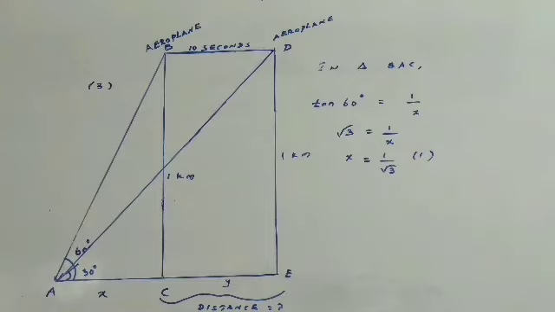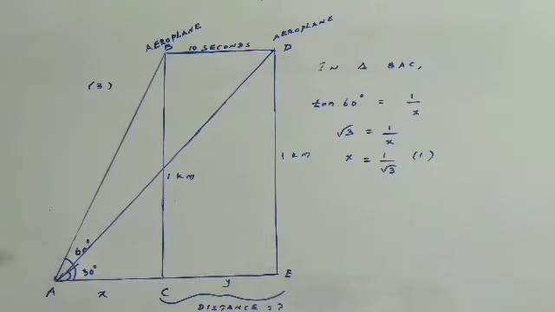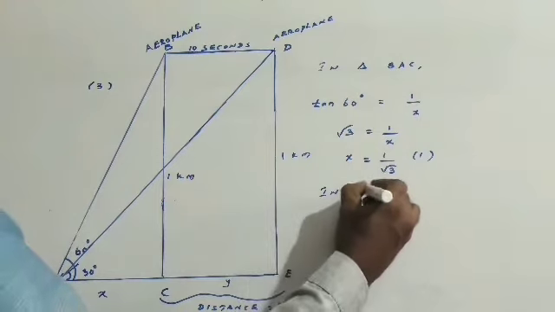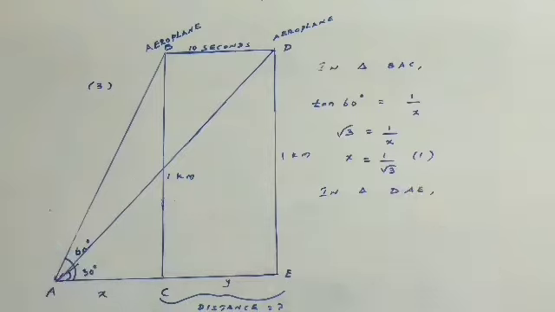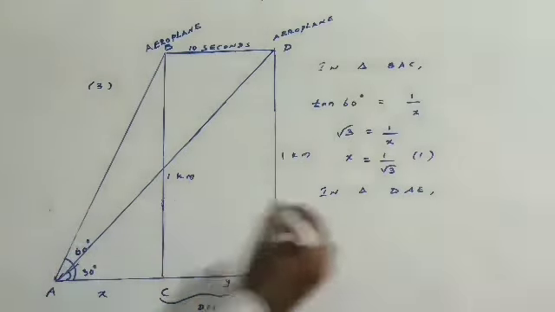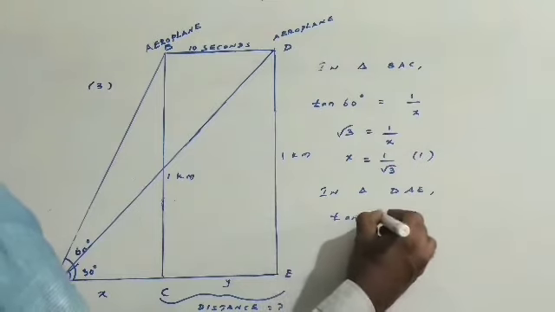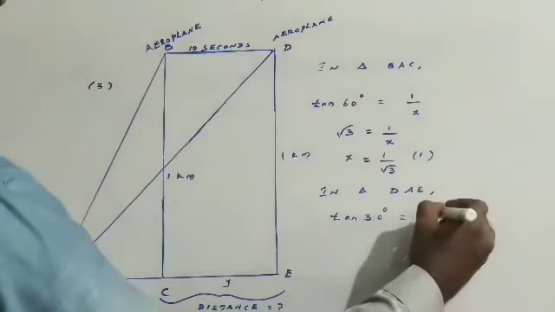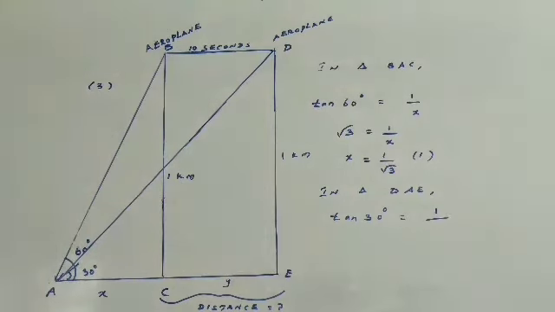Now consider the second triangle DAE. In triangle DAE, the angle is 30 degree. So put tan 30 degree equal to opposite side, that is 1 kilometer, by adjacent side, that is AE fully.